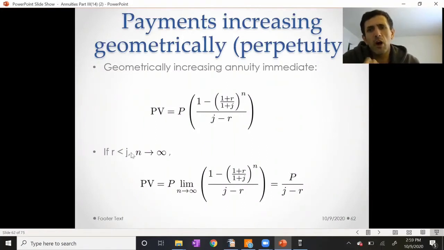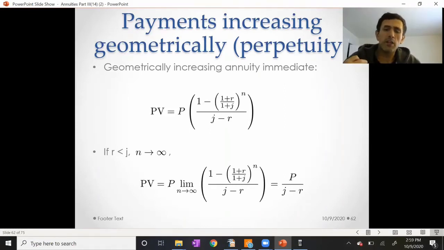Now, if R is bigger than or equal to J, then this annuity doesn't really make much sense. When you have payments way out in the future and then you take the present value, normally that kind of payment is basically worthless now, thanks to discounting by a whole lot of years.